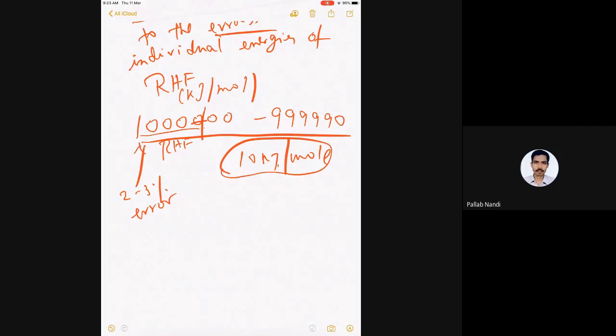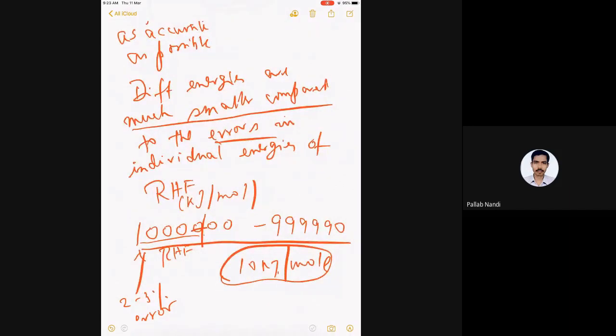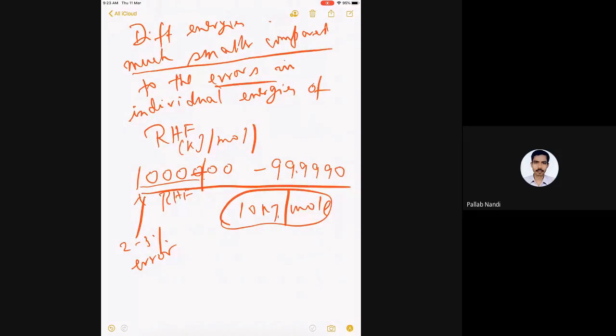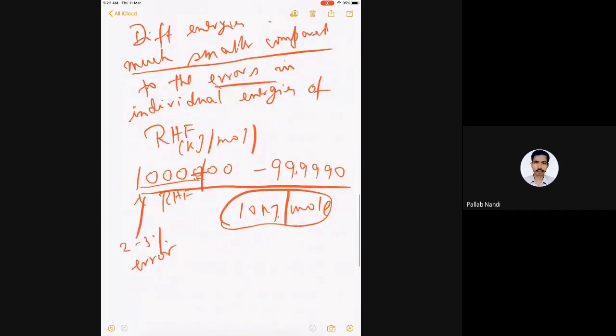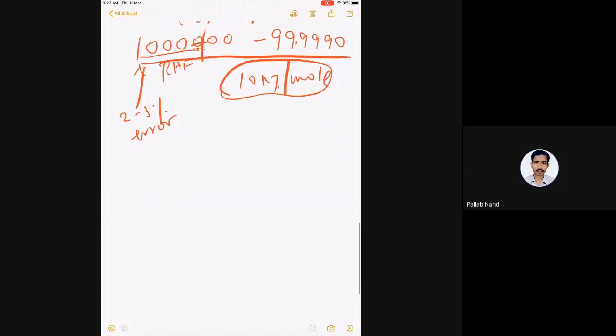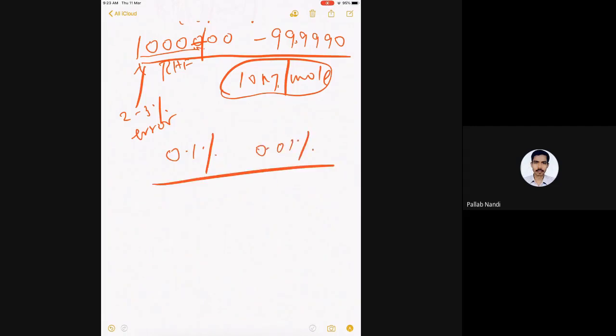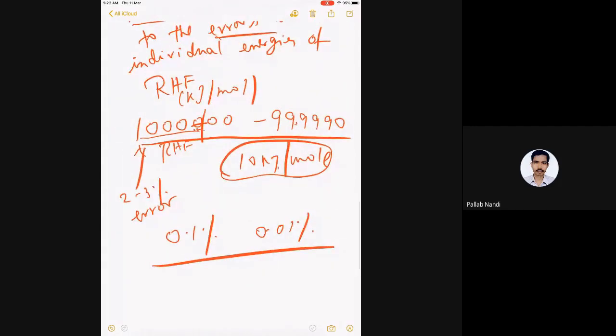So if you are predicting a number which is that small, then your original numbers from which you are taking the difference must be as accurate as possible. Is it clear? How much accurate? Maybe 0.1%, 0.01%, because that is what 10 kilojoules will be. 1% itself is 10,000. 0.1% itself is 1,000.